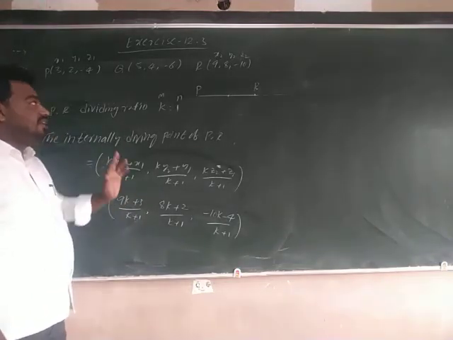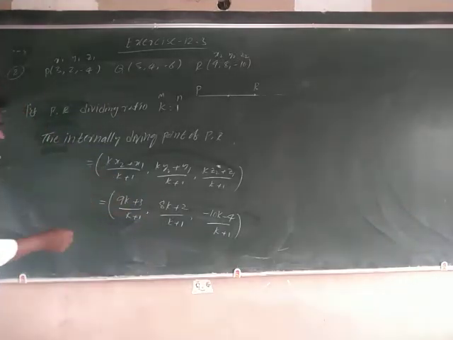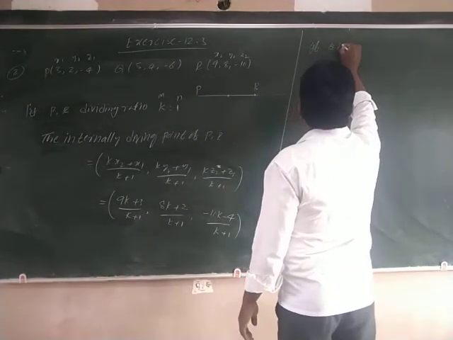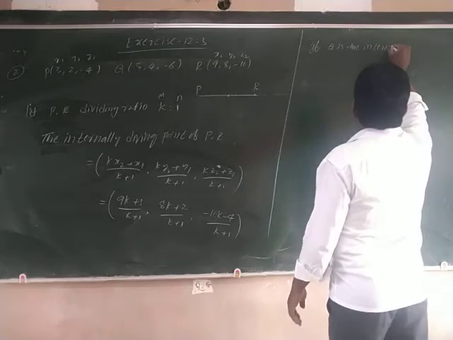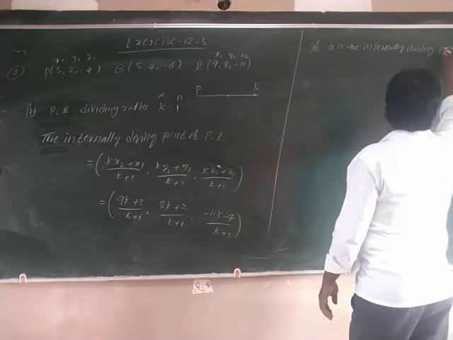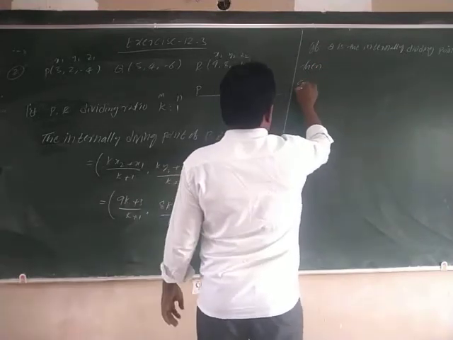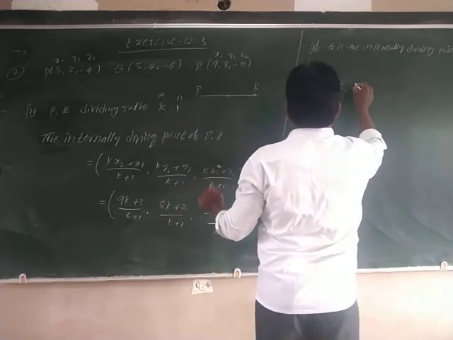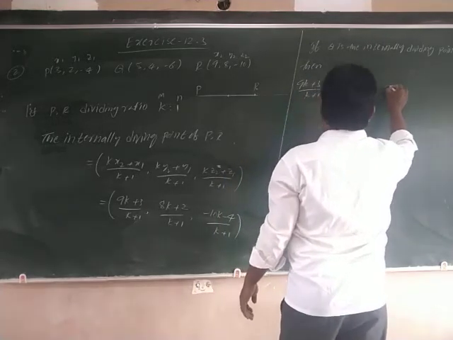If that internally dividing point is Q, then the dividing ratio is the same. So (9k + 3)/(k + 1) is the x coordinate of Q, which is 5. Next, (8k + 12)/(k + 1) is 4.